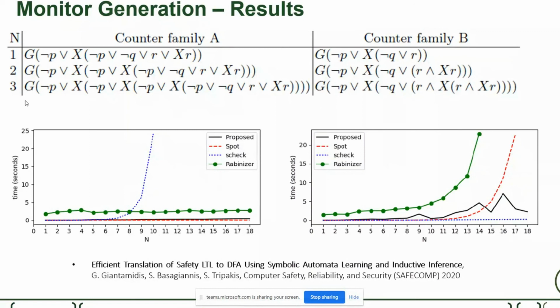So you can see that the running time of the other tools explodes in at least one property, while ours remains low in both. Let me see how much time I have. Okay, I have 7 minutes. And in case you're interested in learning more about this, this is the publication you can look at.